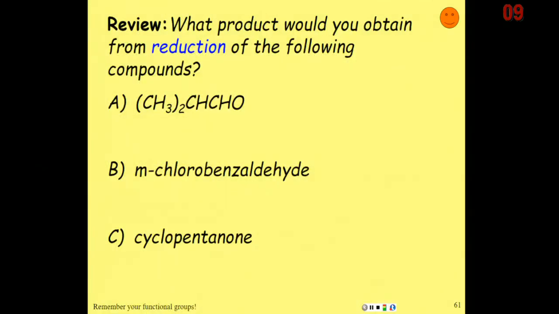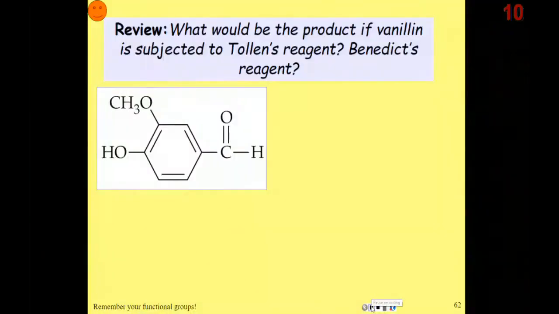What would you get if you would do something else? Let's do reduction. Let's think for a moment here. Actually, I wanted to do another oxidation. So let's do the vanilla compound and see what would happen if we oxidize that with Tollens or Benedict's reagent. So Tollens reagent, these should feel very similar by now. And you're going to oxidize the aldehyde.